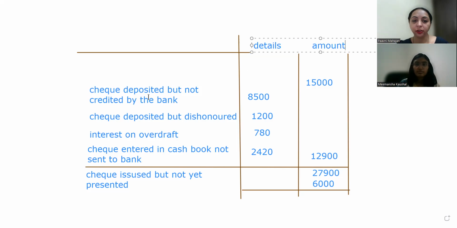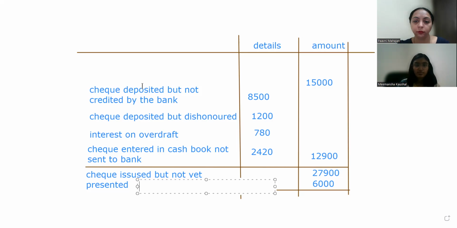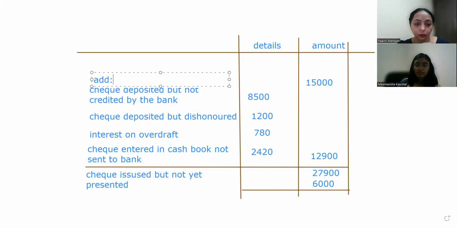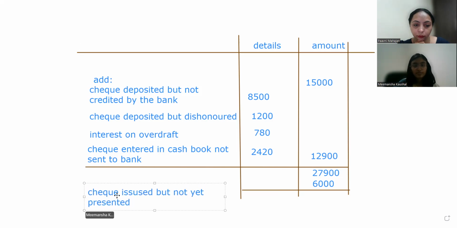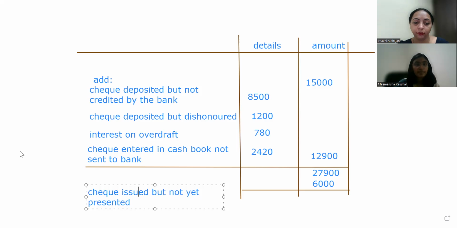And where you have written check deposited but not credited, write add. Less. Check issued but not presented, spelling corrected. S is extra.